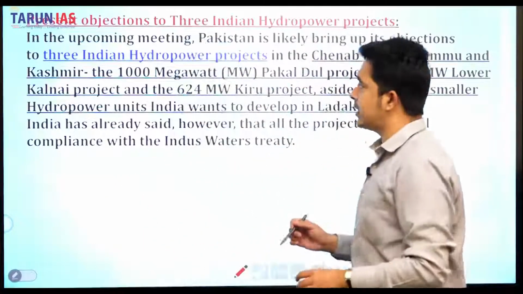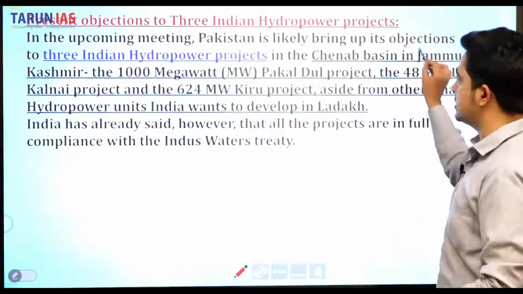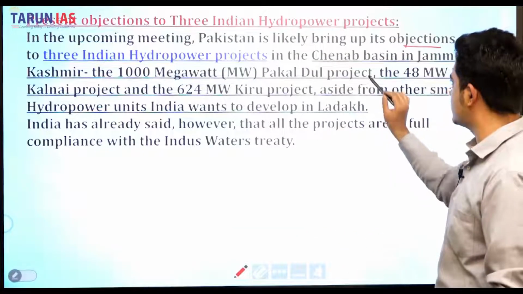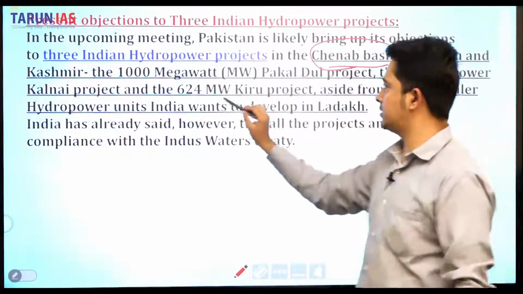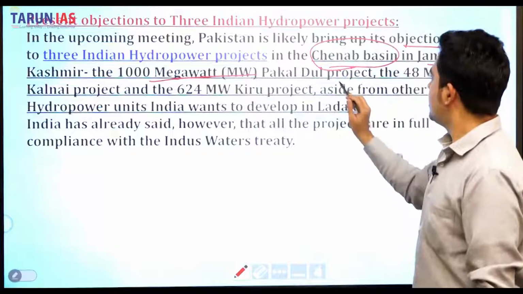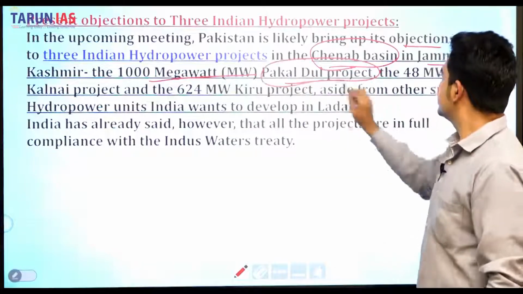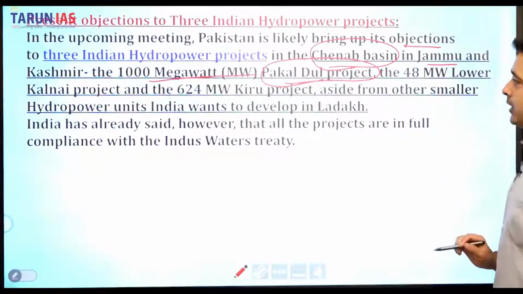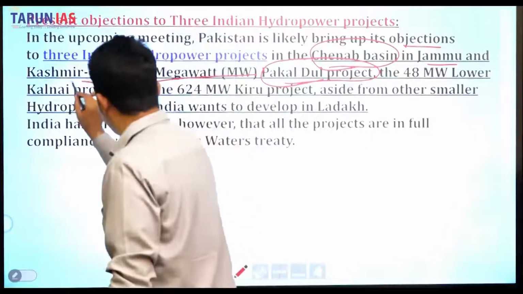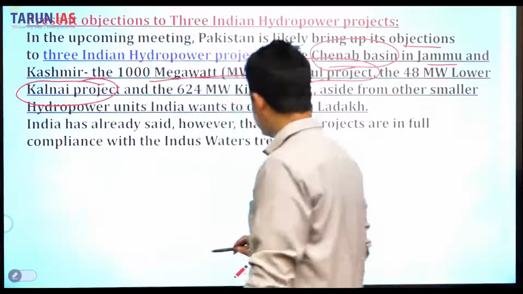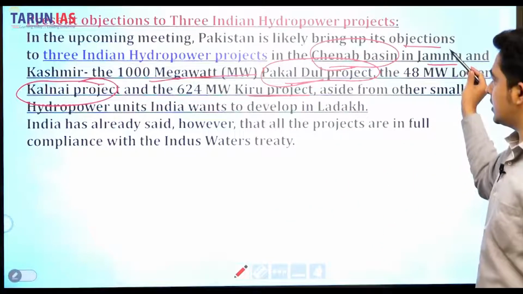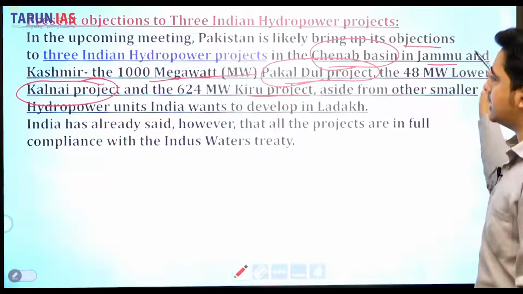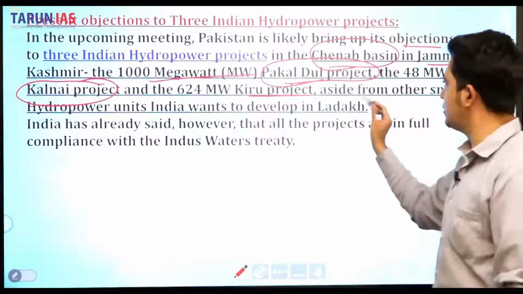So in the upcoming meetings, Pakistan is likely to bring up objections to three Indian hydropower projects on the Chenab basin in Jammu and Kashmir: the 1000 megawatt Pakaldul project, the Kalnai project, and the Kirthai project. We will get to know the map on that. So basically Pakaldul, then Kalnai project and Kirthai project.